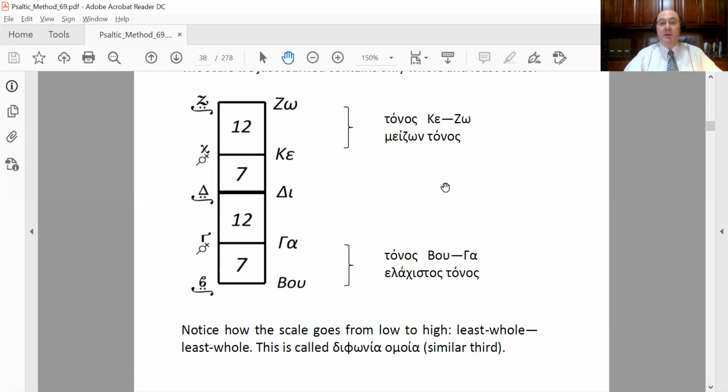They do have their meanings, but when it comes to performing these notes, one or even 2 of these units of numbers, which by the way we call moria, or molecules in translation, doesn't really make much difference. So I think it's a better practice if we say meson tonos instead of saying 12 all the time, or least tone instead of saying 7.